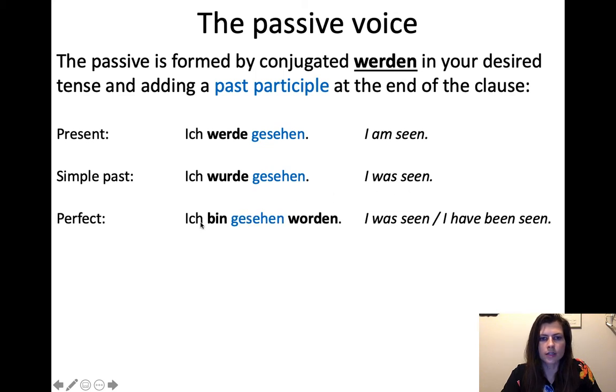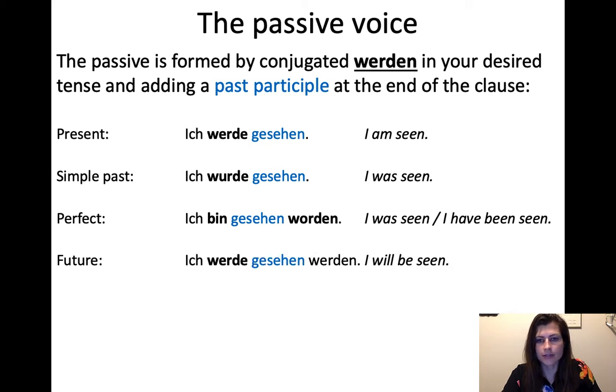And then the perfect, ich bin gesehen worden, I was seen, or I have been seen. The future, ich werde gesehen werden, I will be seen. So this werden is for the future, and this werden is for the passive. Since they both use it, one of them is indicating the future, and one of them is indicating the passive. And then these two go together. This werden plus the past participle make the passive, and then this one indicates the future.